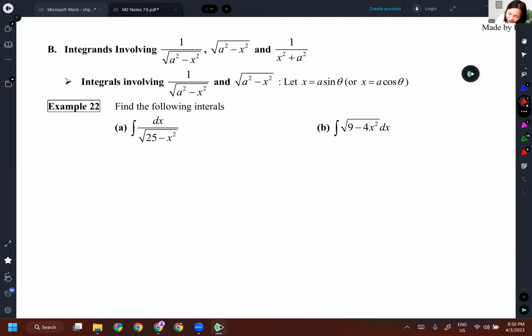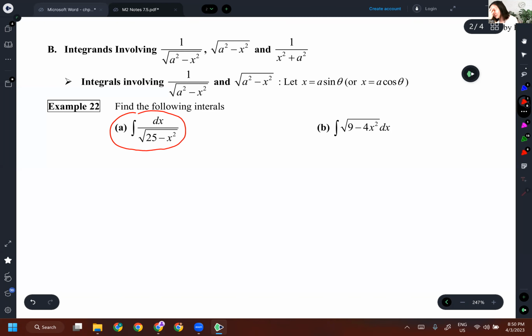Now, for example, this is a very simple integration. Example 25. You can try to let u be something, you can try the previous method, let u be this, let u be that. It doesn't work out. What I can tell you now is it doesn't work out no matter what you do. But this substitution will work out.